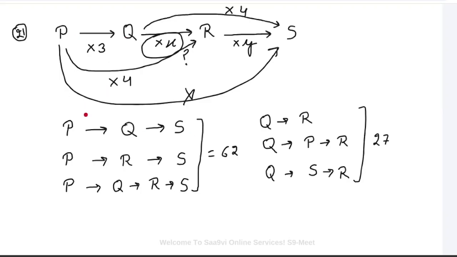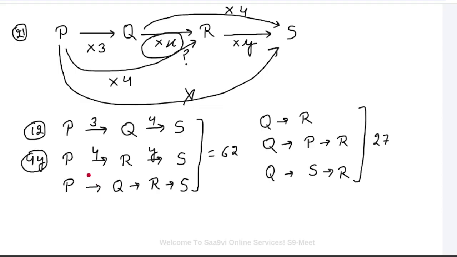Now let's see. From P to Q we have three ways, and Q to S we have four. As per the multiplication method from the permutation chapter, 3 into 4, there are 12 ways on this route. Now P to R, there are 4, and R to S, we don't know, that is Y, so 4Y.